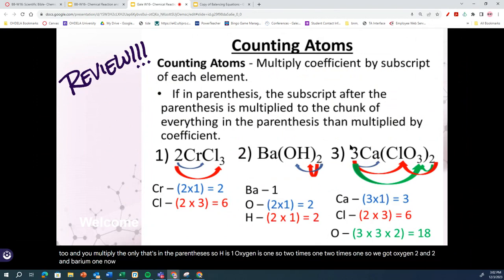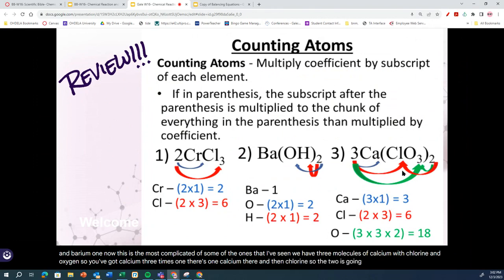Now, this is the most complicated of some of the ones that I've seen. We have 3 molecules of calcium with chlorine and oxygen. So you've got calcium, 3 times 1. There's 1 calcium there. And then chlorine. So the 2 is going to multiply by the chlorine times 3. 3 times 2.